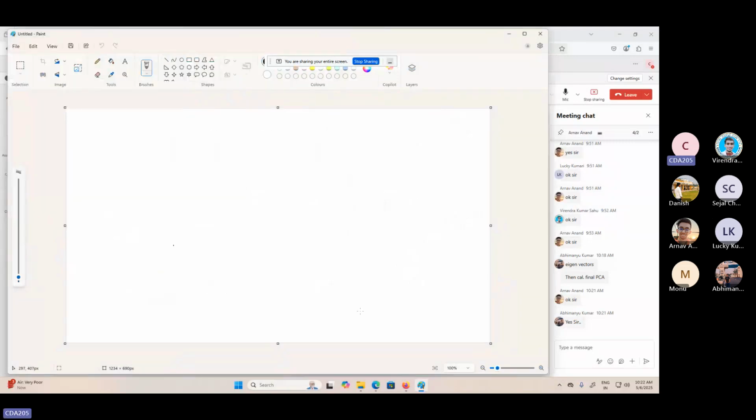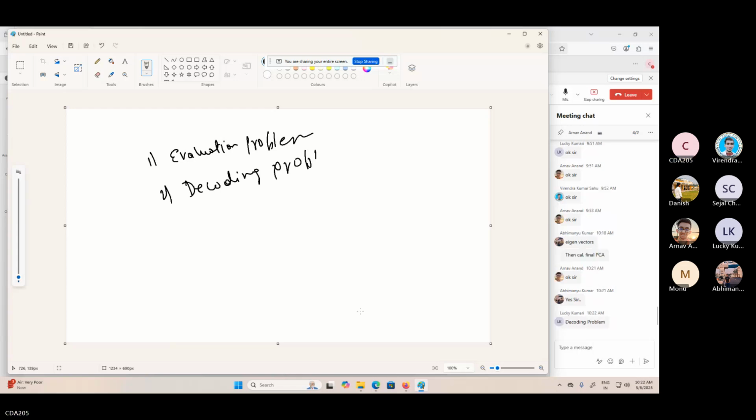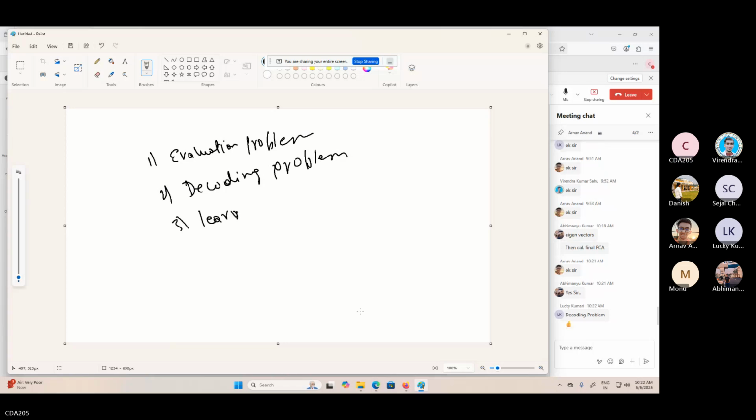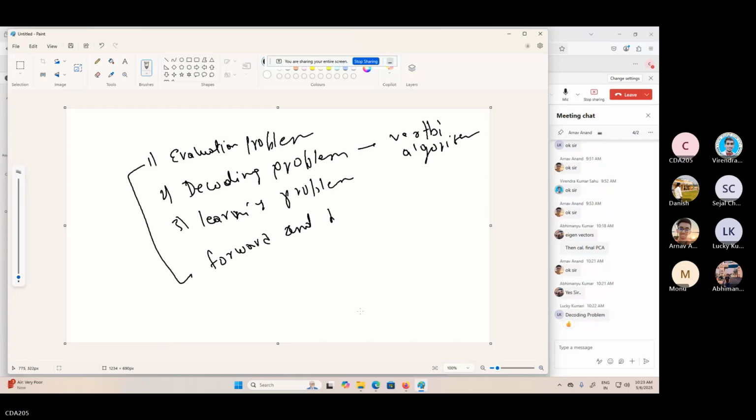That is the evaluation problem. And second one, we have seen the decoding problem. So that is the decoding problem. Another problem is the learning problem. In this we have seen the Viterbi algorithm, and in the evaluation we have seen the forward and backward algorithm.